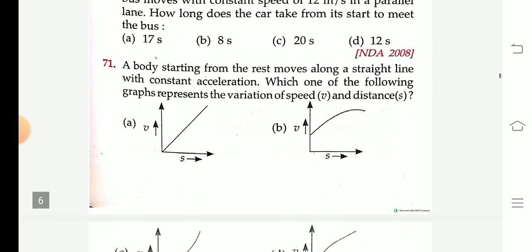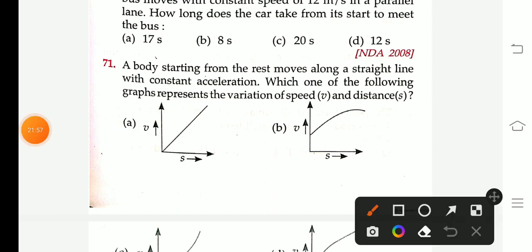A body starting from rest moves along a straight line with constant acceleration. Which one of the following graphs represents the variation of speed and distance?